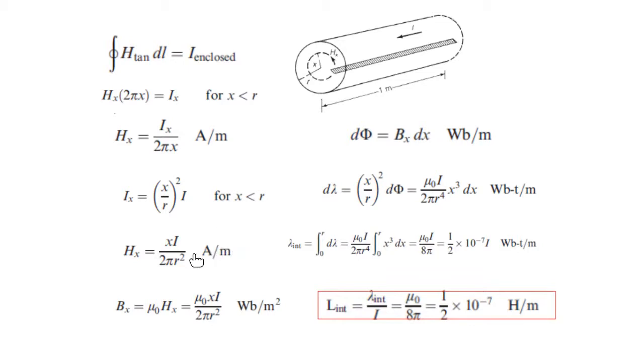This is what we call the magnetic field intensity, not flux. Magnetic field intensity. If we multiply this magnetic field intensity by mu naught, the permeability of the material, or mu naught is the permeability of air. Remember now, the magnetic flux is around the conductor. You remember this is the right hand rule.